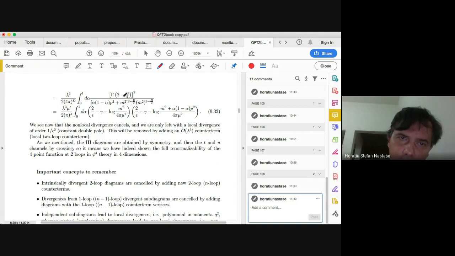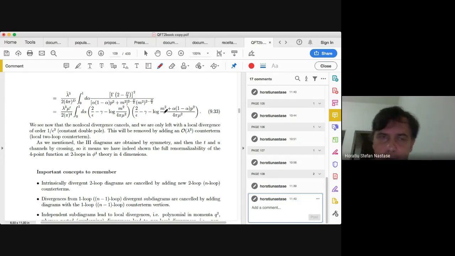So there's a gamma of 2 minus d over 2 squared. That gives the 1 over epsilon squared divergence, right? But then these 2 integrals, each of which has the power epsilon, I can expand in the power epsilon. And so really, I have 1 over epsilon minus a log, in this case, log m squared. And from this part, I have 1 over epsilon minus log of the p-dependent part.